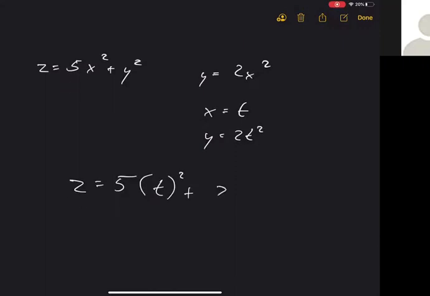Well, what's y squared? That would be 2t squared, squared. So z equals 5t squared plus, simplifying this, plus 4t to the fourth. And that should be it.